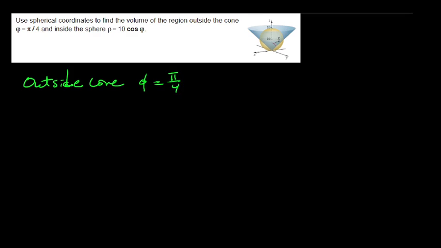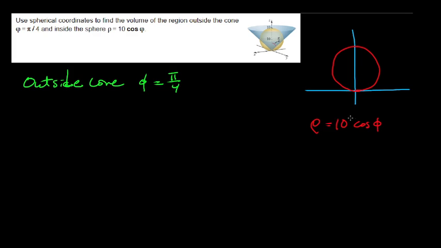Okay, so let me make a quick sketch here. I'll make this sort of two-dimensional so that we can see what's going on. So we have the sphere. And the sphere is given as rho is equal to 10 cosine of phi.